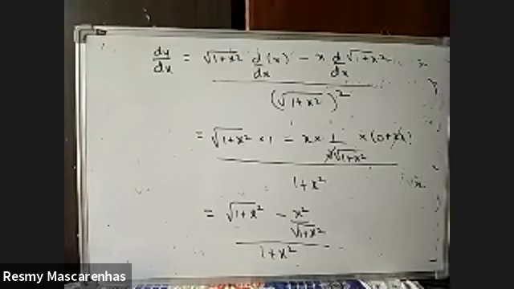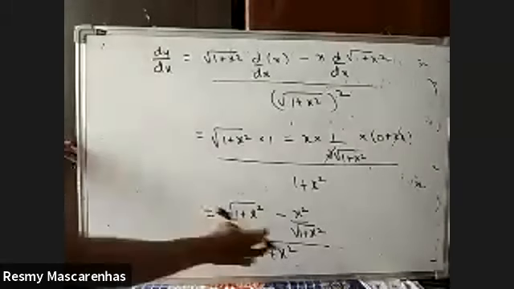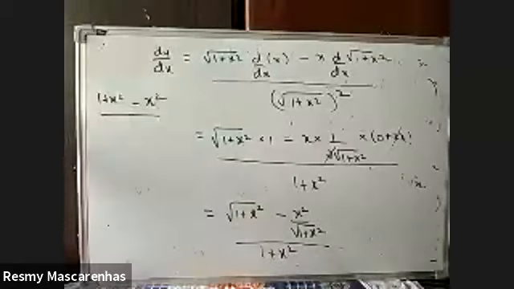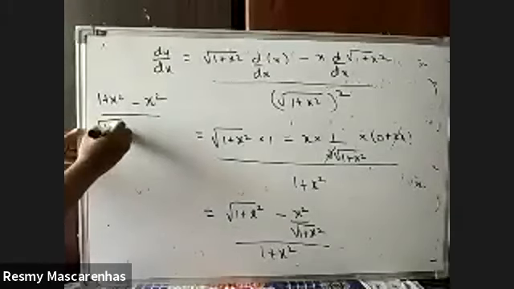And then you can cross multiply this and simplify the answer. So when you cross multiply, it will come 1 plus x square minus x square upon root of 1 plus x square.